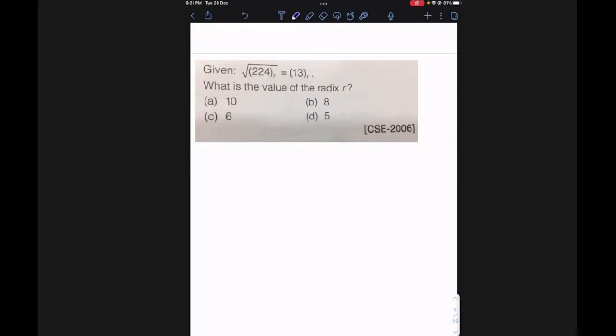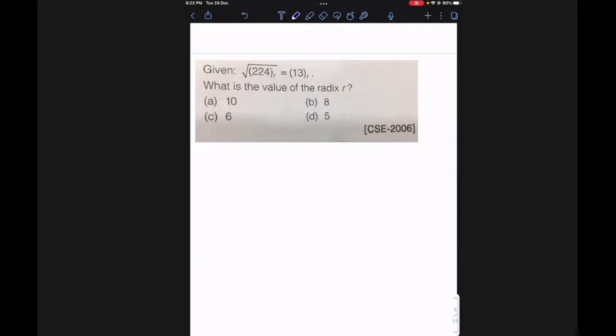You have the square root of 224, and this is equivalent to 13 in some base r. So the question is, what is this base r? How do you find it? Any idea how to find this? Yes, all of you please respond. Square root of 224 is equal to 13 in some base r. What is the value of r?